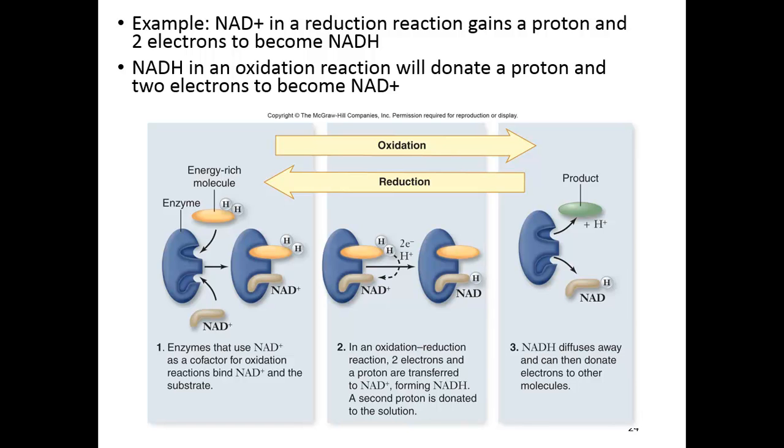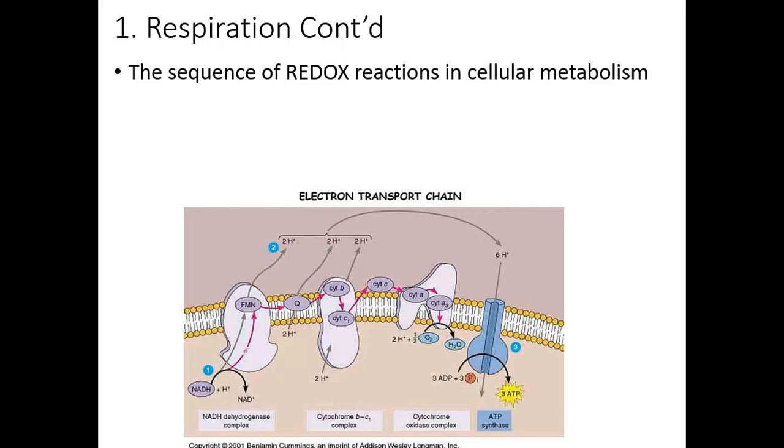If it just gained 2 electrons, it would be a negative ion, but because it also gains a proton, it's a stable compound when it is NADH. When NADH is oxidized, it will donate a proton and 2 electrons to become NAD+. So it is used basically as an electron and proton carrier. Okay, we'll talk more about NAD later.